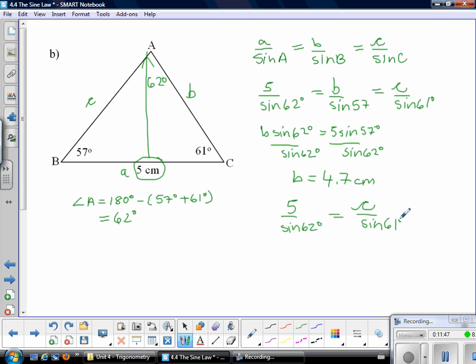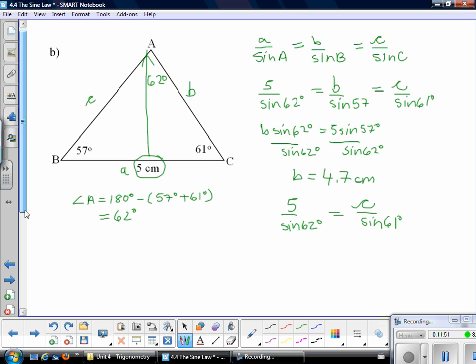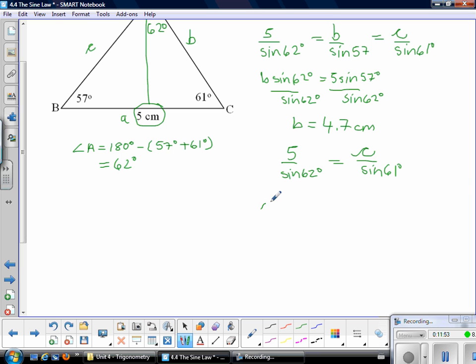All right, so again, if I cross multiply and divide, I end up having C sine of 62 equals 5 times the sine of 61. Divide both sides by the sine of 62. And remember, the sine goes with the angle. You can't separate it any way other than with a calculator.